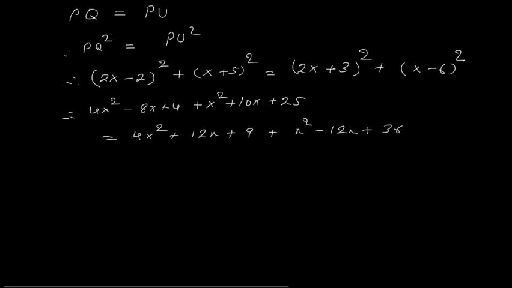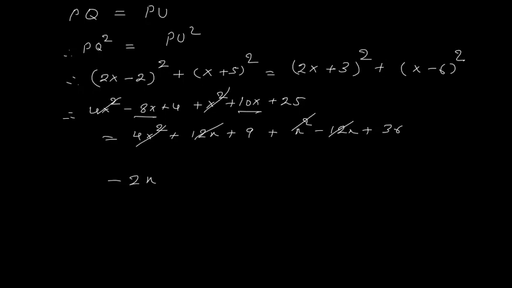Okay, now this 4x square I can cancel. This x square will also cancel. Now here it is minus 8x plus 10x, that is minus 2x. This 12x and 12x will cancel. So on left hand side we have 2x minus 2x.